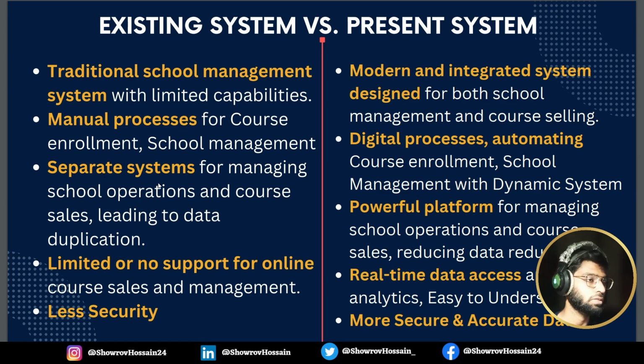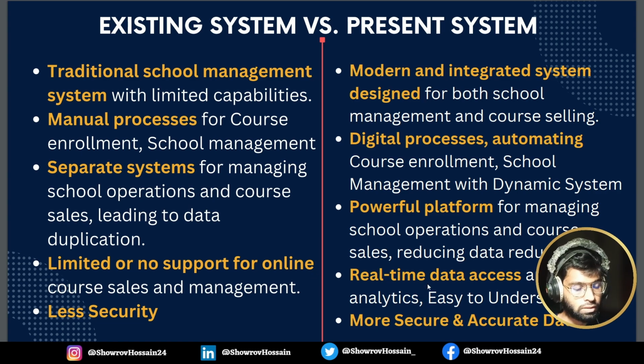There's a separate system for managing school operations and course sales, leading to data duplication, etc. We can see in the existing system that there is limited or no support for online courses. Thus, the majority of schools or universities don't have that kind of support.